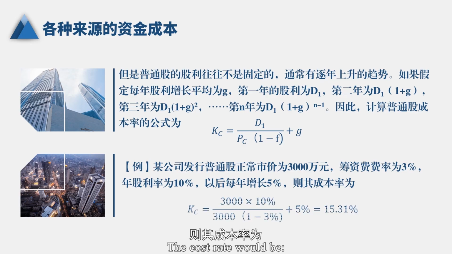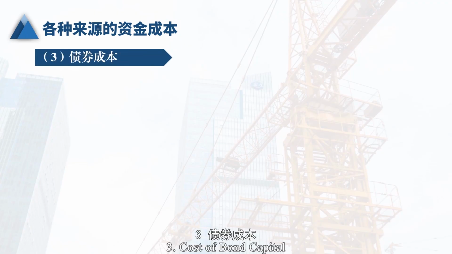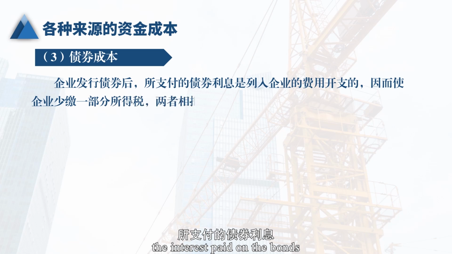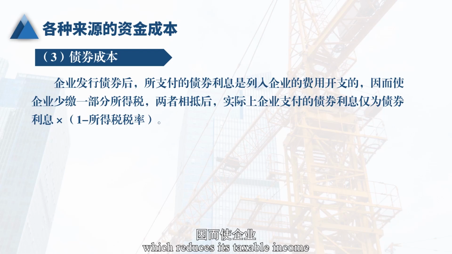The cost rate would be K_C equals 3,000 multiplied by 10% over 3,000 multiplied by (1 minus 3%) plus 5% equals 15.31%. Third, cost of bond capital. After a company issues bonds, the interest paid on the bonds is included in the company's expenses, which reduces its taxable income and thus its income tax payment.